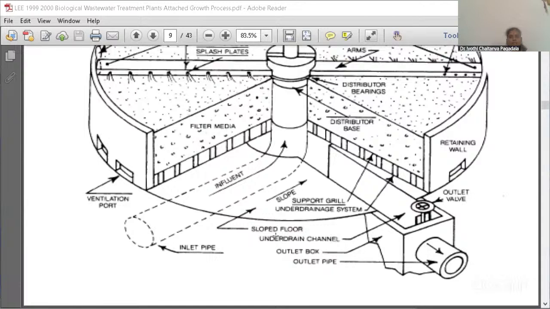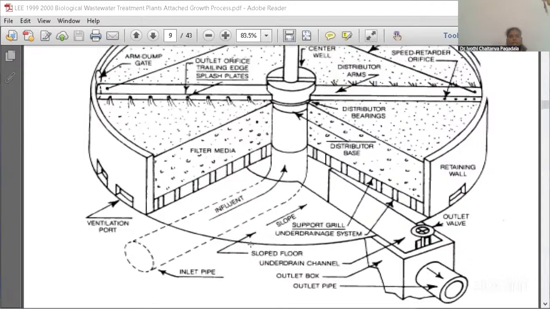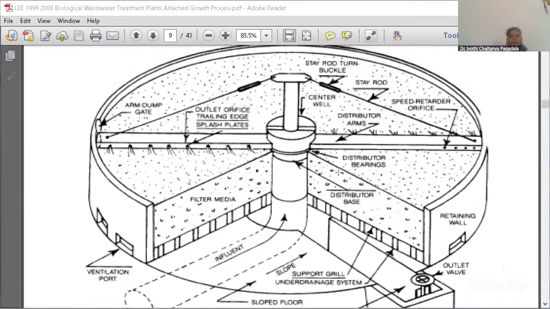From here the influent goes, the wastewater goes, with the help of these arms. Here is one arm and this is another arm.